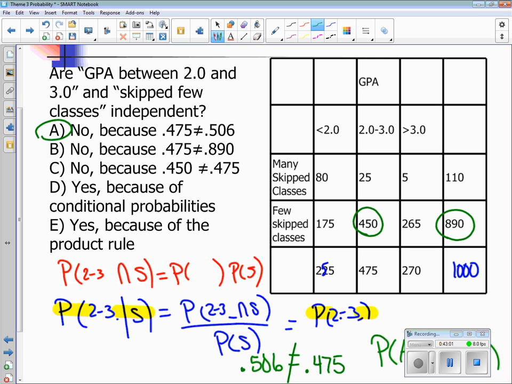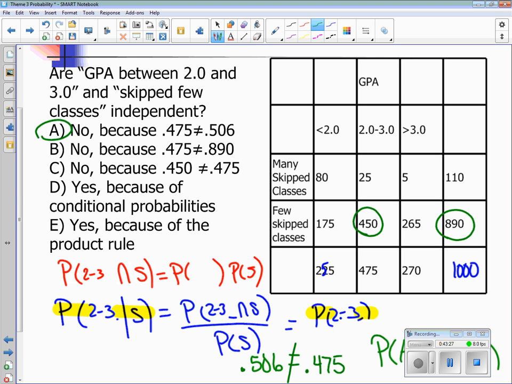When you have a conditional probability, you look at the and, which in this case is the 450, and I divide it by the probability. It's 450 over 1,000 versus 890 over 1,000. The divided by 1,000 cancels out in both cases. So it's just 450 divided by 890.